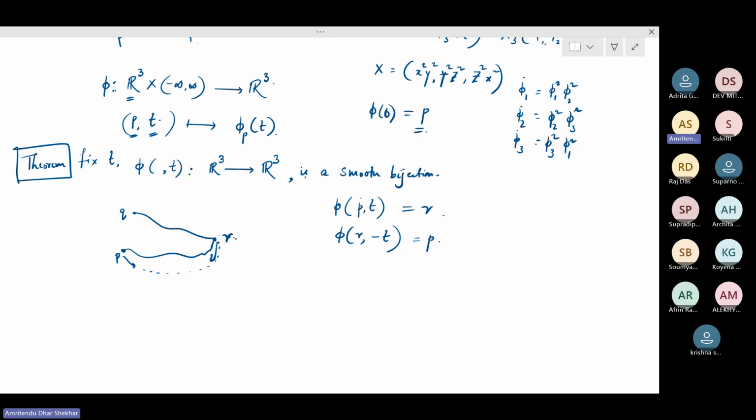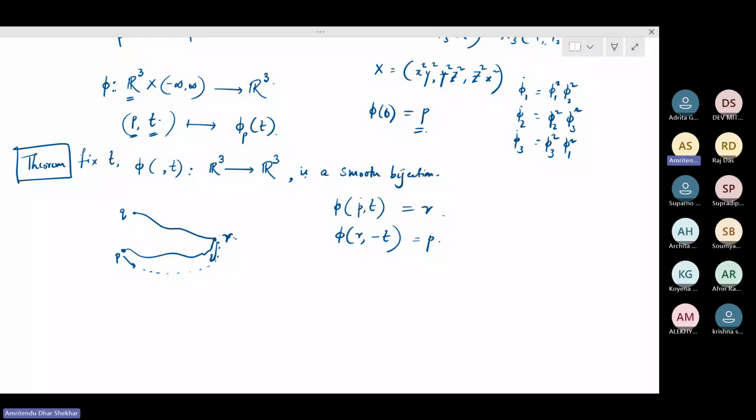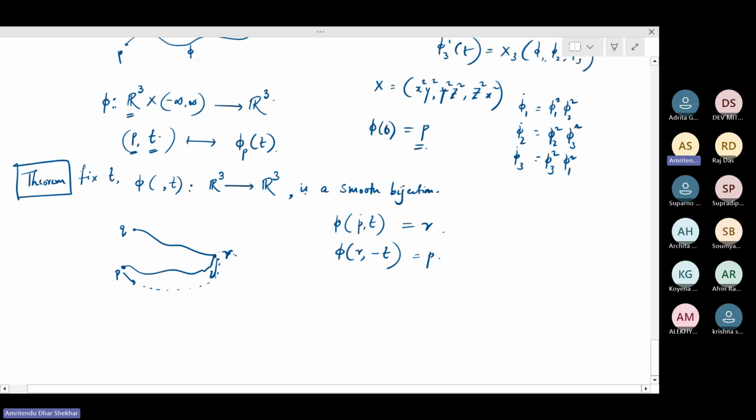Because if you flow for minus T, that is, in the opposite direction, you cannot necessarily come from two points. You can only come from one point, and this is a consequence of the uniqueness of solutions of ODEs. If you have a system of first order ODEs, not necessarily linear, you will always find a unique solution. And so these flow lines never intersect.